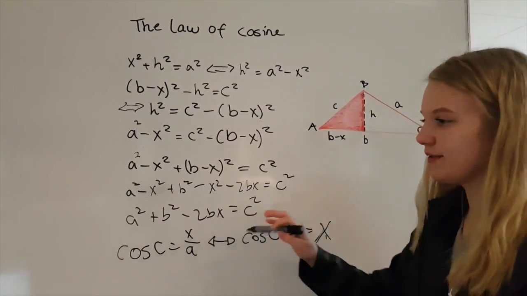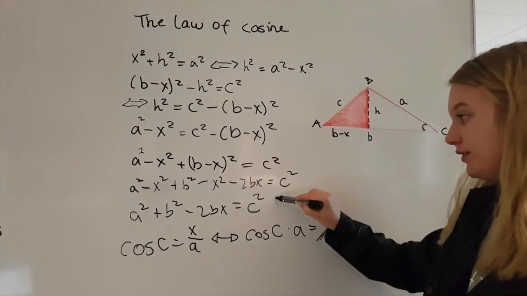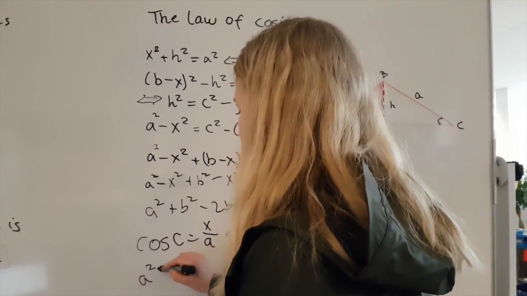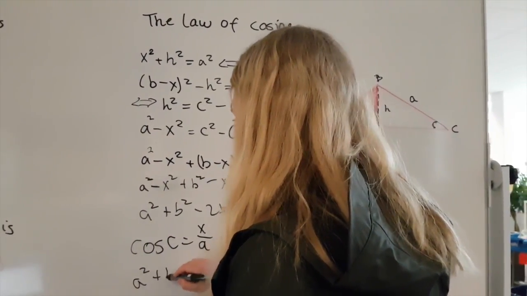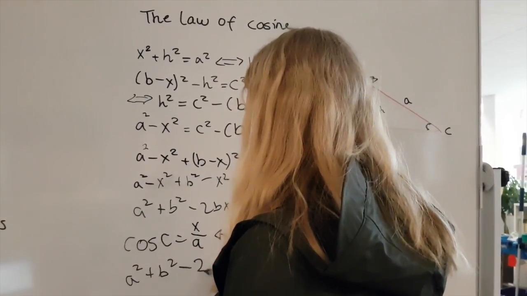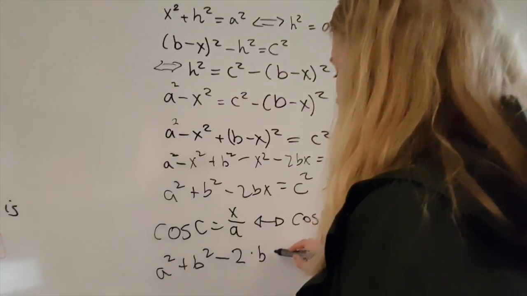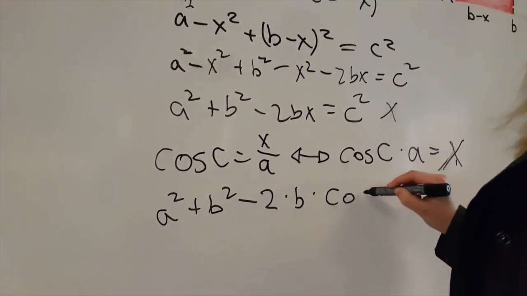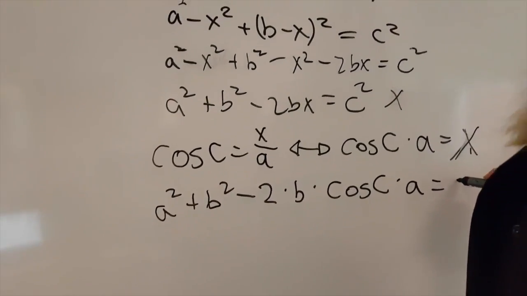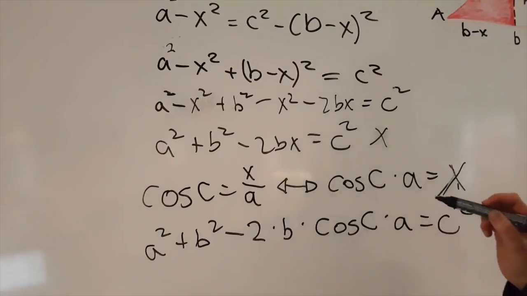And this can be inserted into the equation above, which is this one, and then it goes like a to the power of 2 added with b to the power of 2, subtract 2 times b times cosine C times a, which is equal to c to the power of 2.